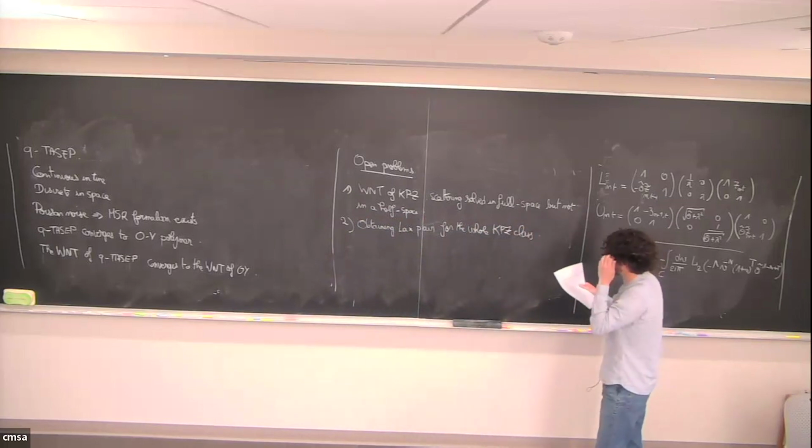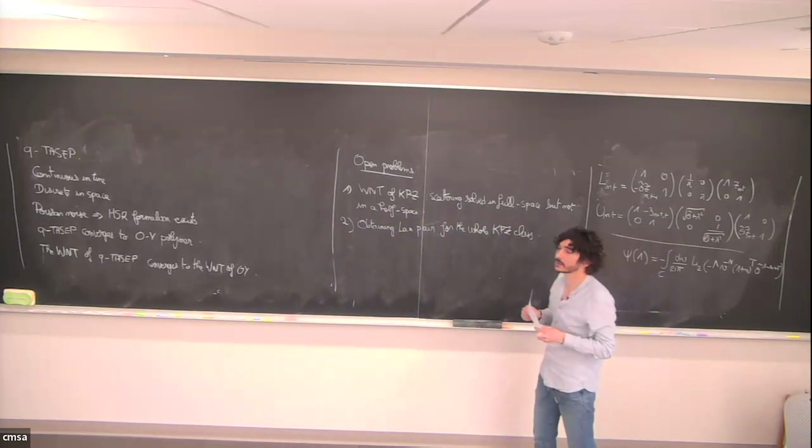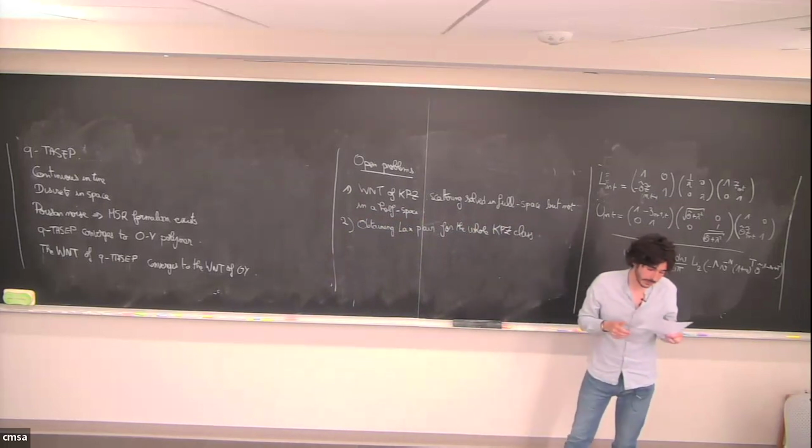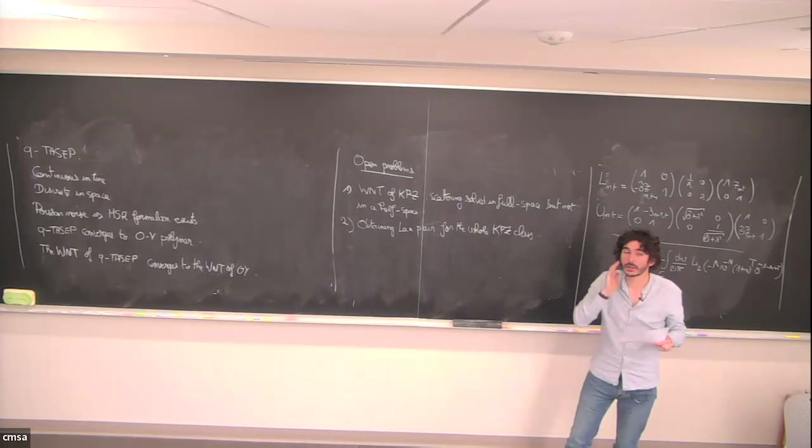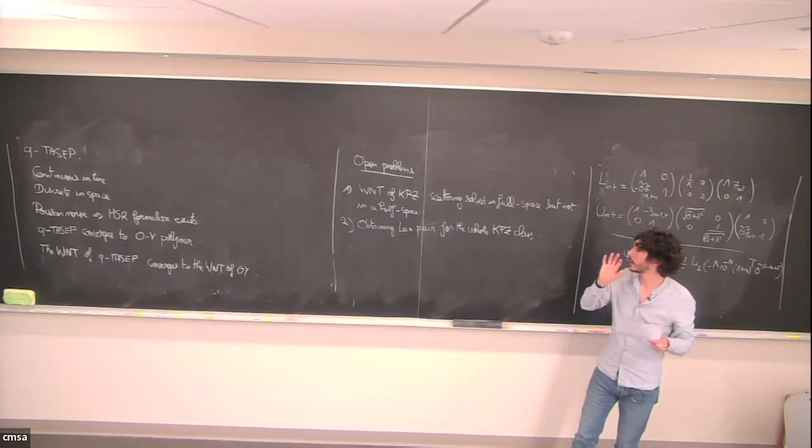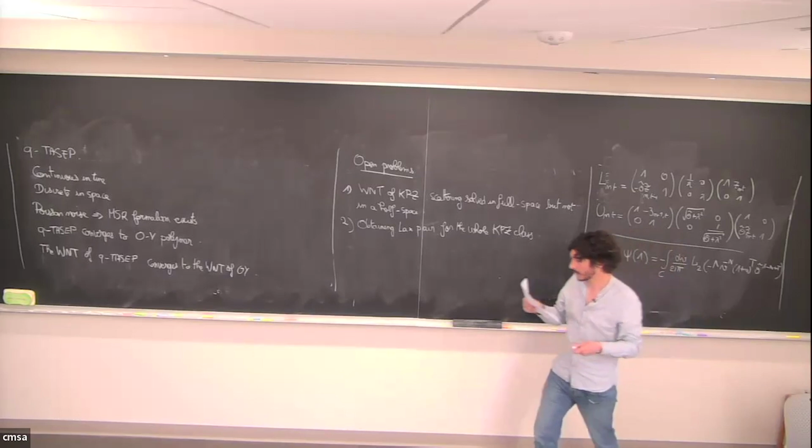The third open problem I want to mention to you is that there's been some work, notably by Tamara Grava and Guido Mazzuca, about the relation between the equilibrium measure of classical integrable systems and matrix ensembles.